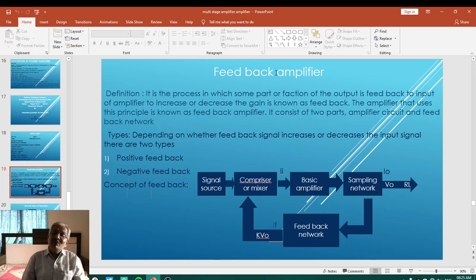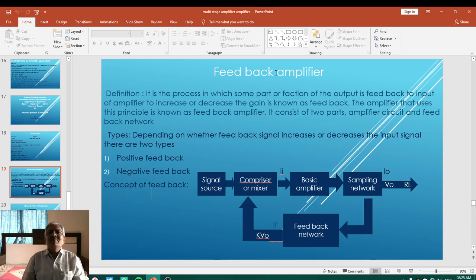And the amplifier that uses this particular property of providing some fraction, some part of the output back to the input is known as the feedback amplifier.